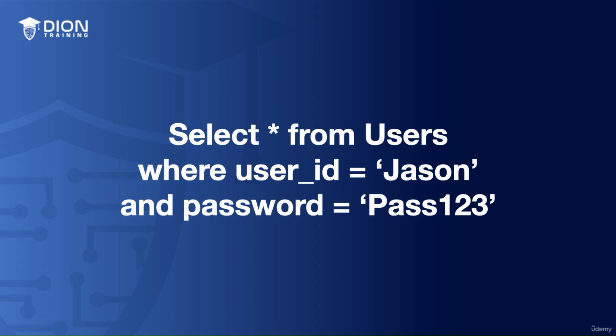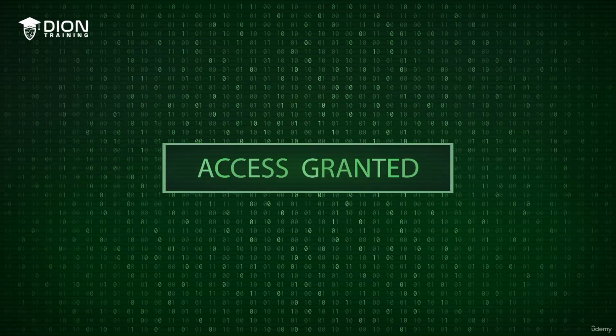To do this, it's going to use an SQL statement. For example, I might have the statement of SELECT * FROM users WHERE userID = 'Jason' AND password = 'pass123'. Now, this information goes into the database, and then we'll determine if there is a perfect match. If there is a match, we're going to have access granted, and everything is going to be wonderful.